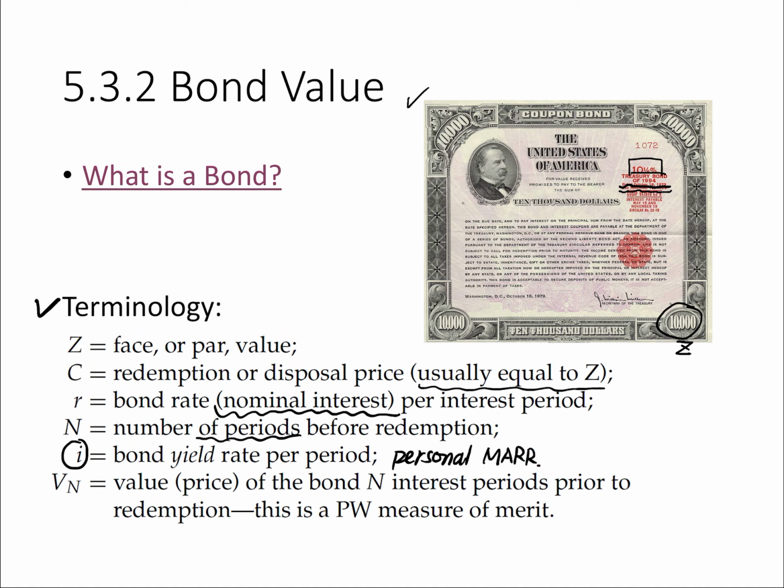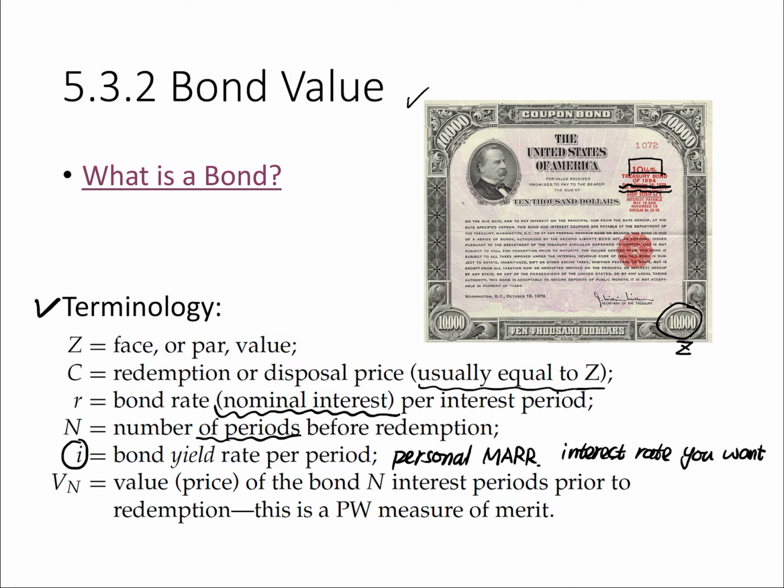Okay, so your personal MARR. That is the yield, the interest rate you want. Okay, so as a customer, you buy this coupon, but you have your bottom line in your heart.